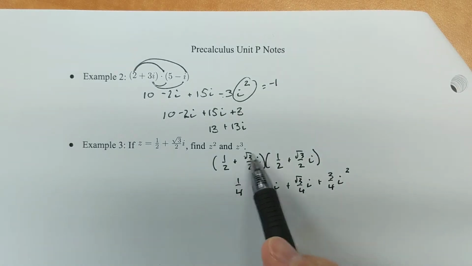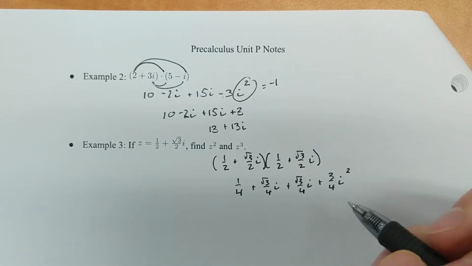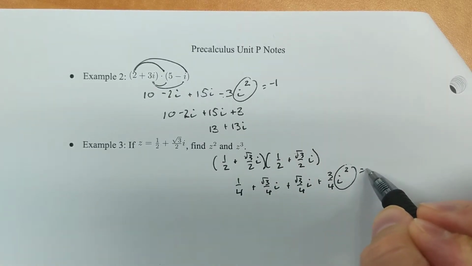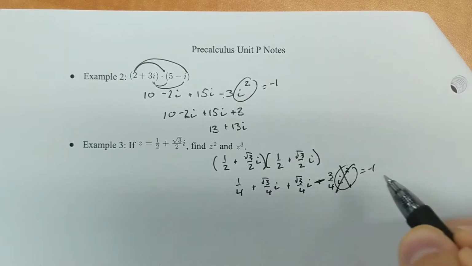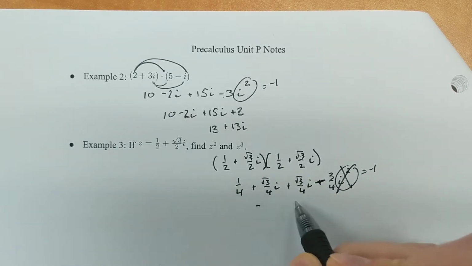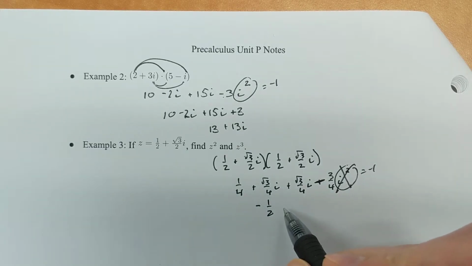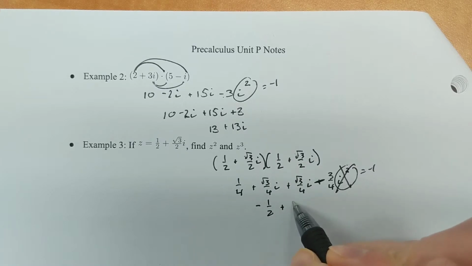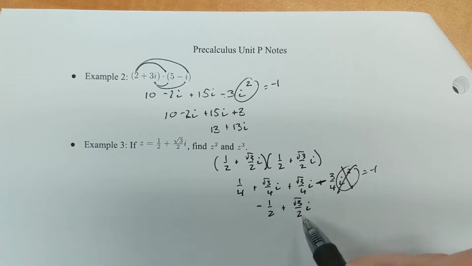When you multiply a root by a root, the number just comes out. So root 3 times root 3 on top is 3. And i squared is equal to negative 1, so I'm going to cross that out and just change this sign to negative. So that's negative 1/4 minus 3/4, which is negative 1/2. And then this is plus root 3 over 2i. This becomes 2 root 3 over 4, which will reduce.